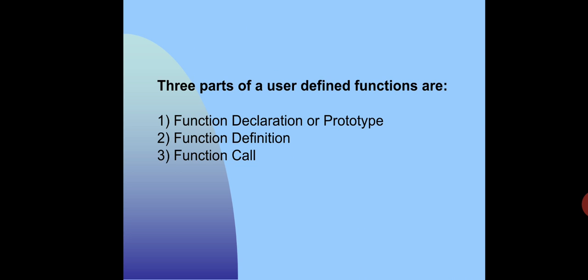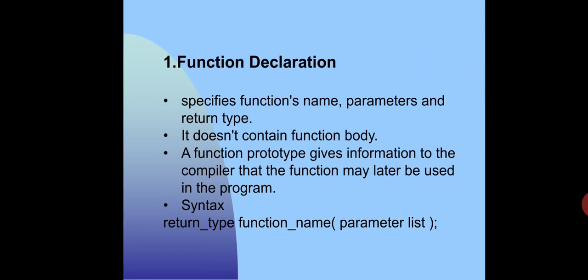First, we can see what is a function declaration. Function declaration contains the function name, then parameters inside the function, and also the return type. But it will not contain the function body.